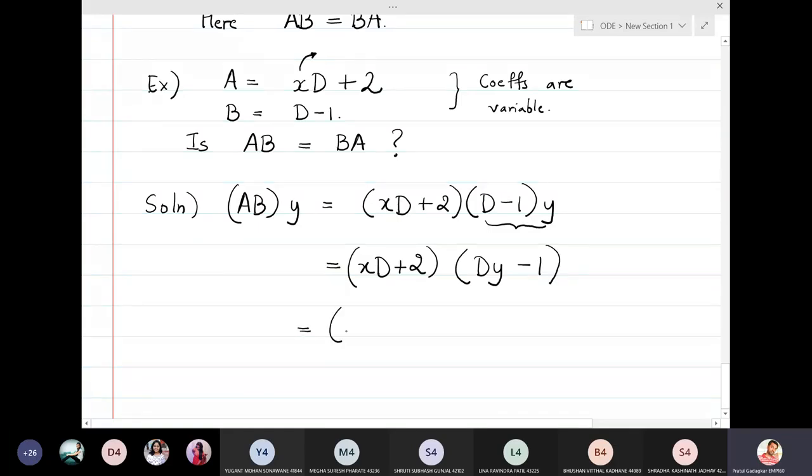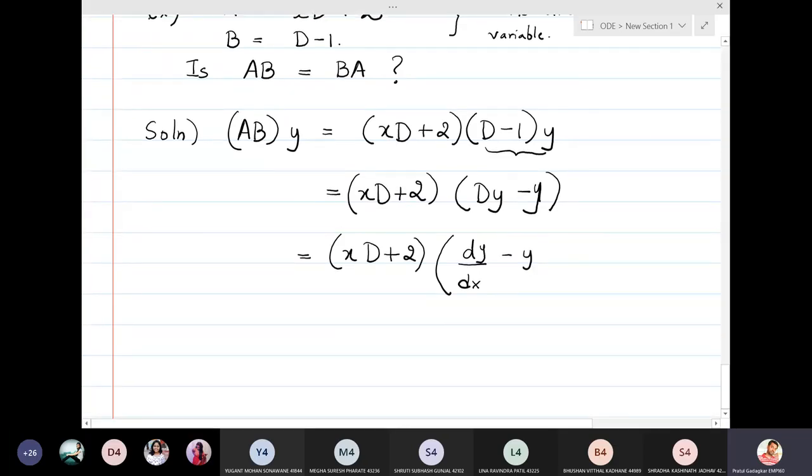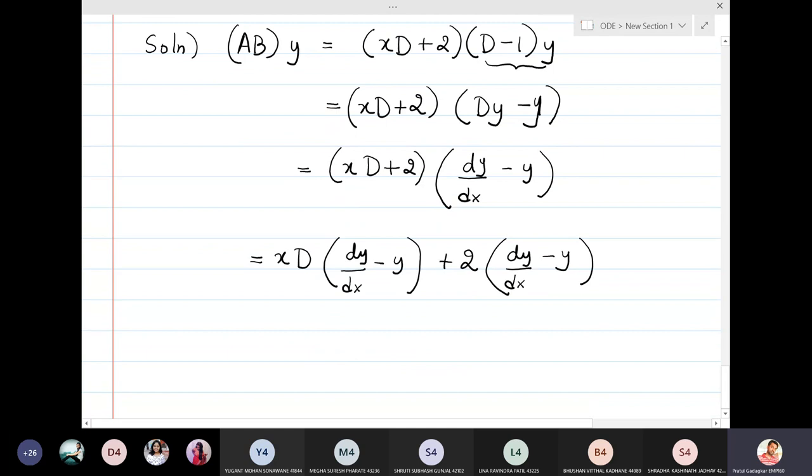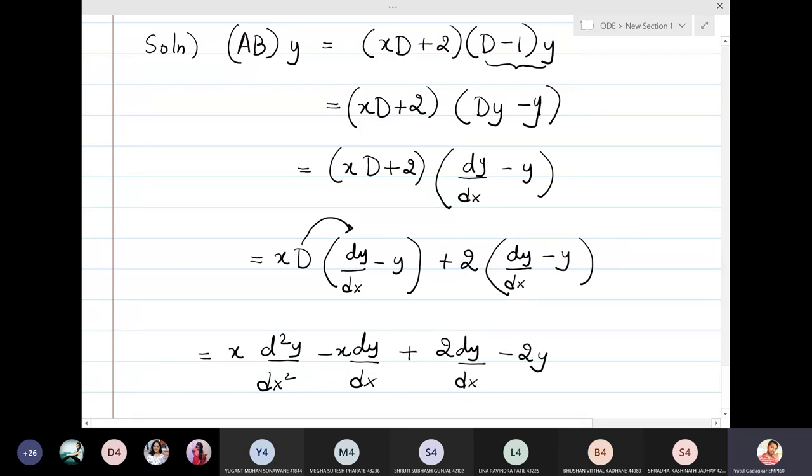What is D minus 1 of y? It means dy by dx minus y, which is equal to xD into dy by dx minus y, plus 2 into dy by dx minus y, which is equal to x d2y by dx square minus x dy by dx plus 2 dy by dx minus 2y.